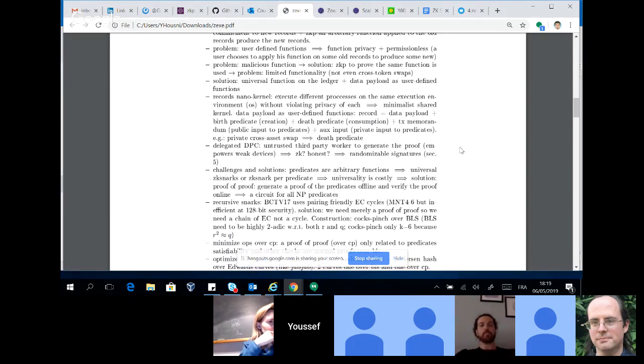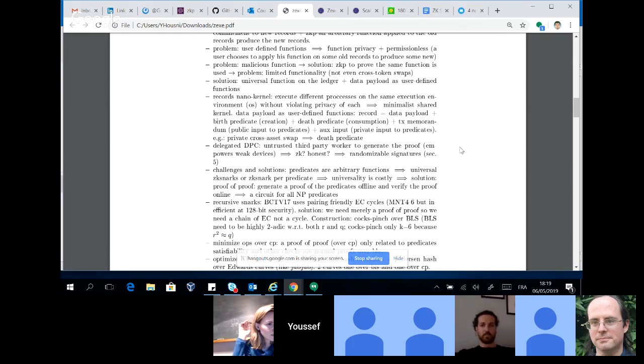If you want to create a zero knowledge proof on an arbitrary function, you either need a universal ZK snark. For example, there has been this paper Sonic, but it is not quite production ready for the time being. Or you will end up with a ZK snark per predicate, because if you want to prove a predicate, you want a circuit for this predicate. So this means a ZK snark per predicate.